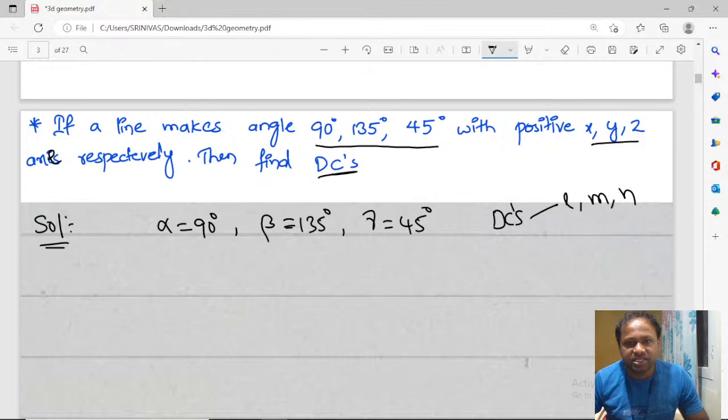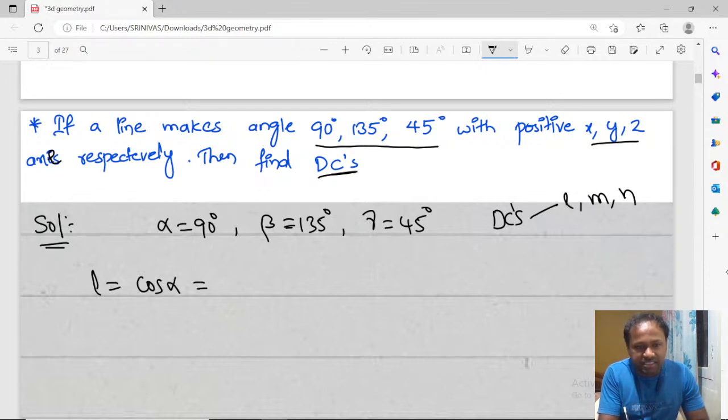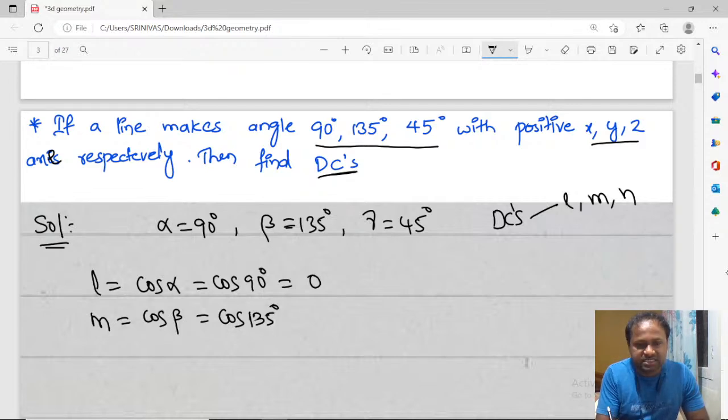Okay, direction cosines, where l is equal to cos alpha, that is nothing but cos 90 degrees. Cos 90 degrees means 0. m is equal to cos beta, that is nothing but cos 135 degrees.